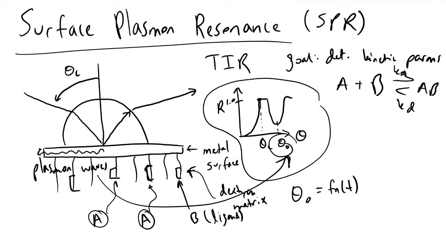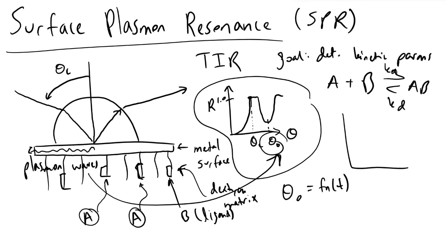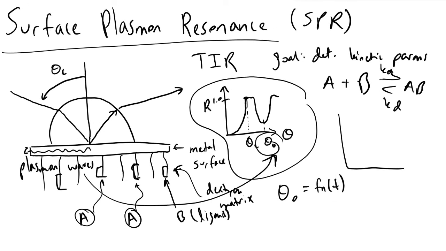What we get out of it are plots that will have a y-axis with some kind of arbitrary units, but it will refer to an absorbance value. So I'll just call this absorbance, in arbitrary units. And then this axis here will be time.